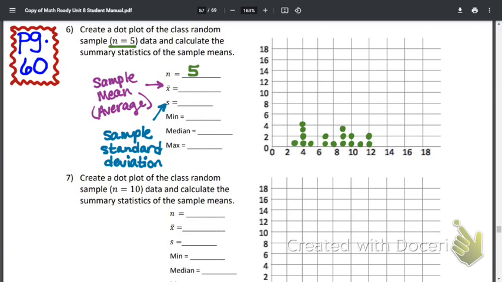I'm going to fill in the minimum, the maximum, and the median for our green graph. The minimum was 3.8. The maximum was 12.2. And the median is 8.2.